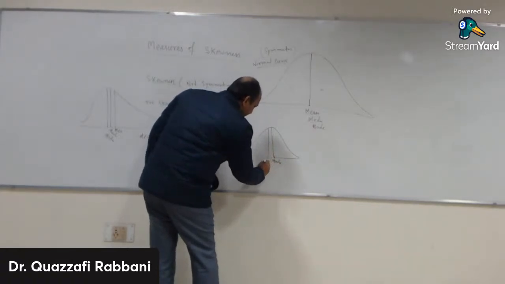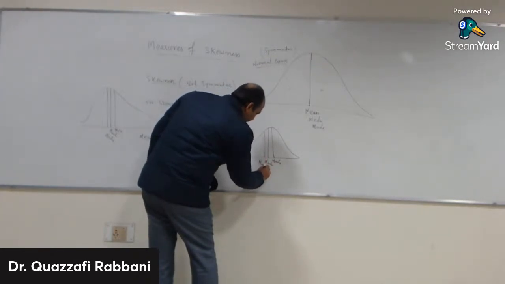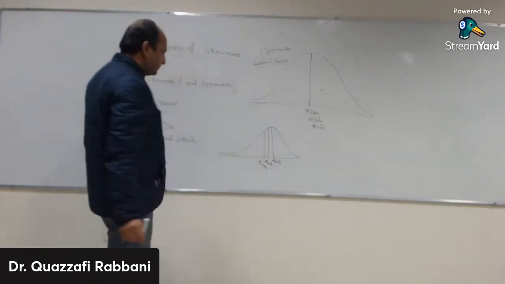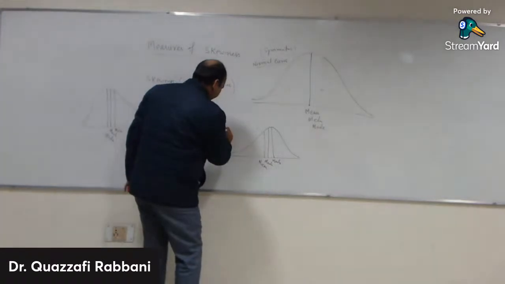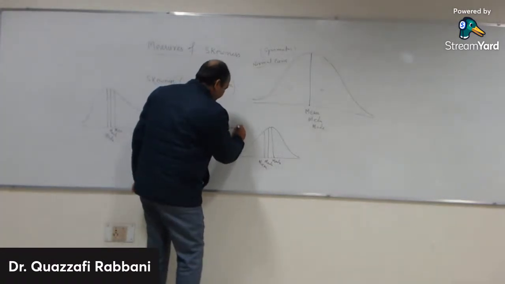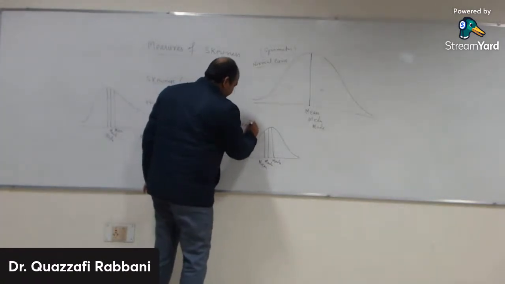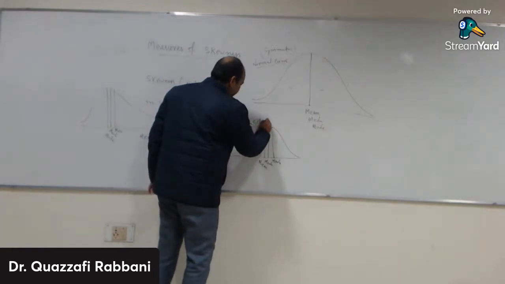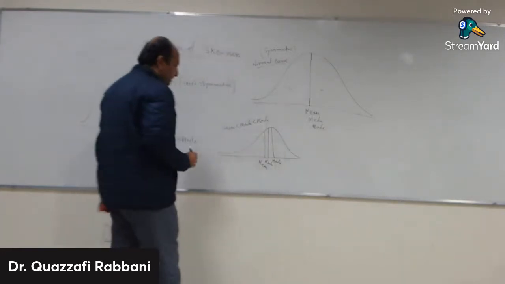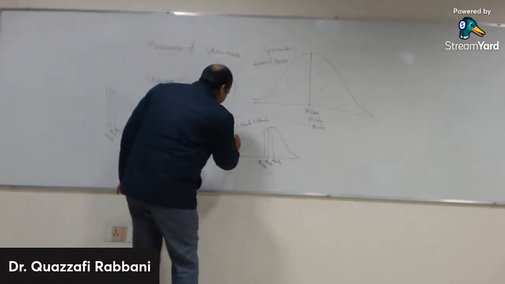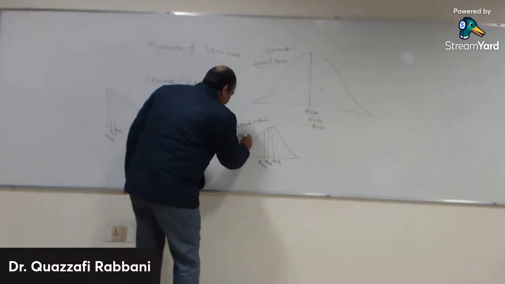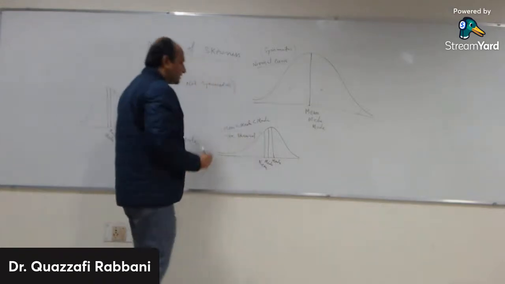Here this is the median, and this one is the mean. This curve is known as negative skew. This is the negative skew.